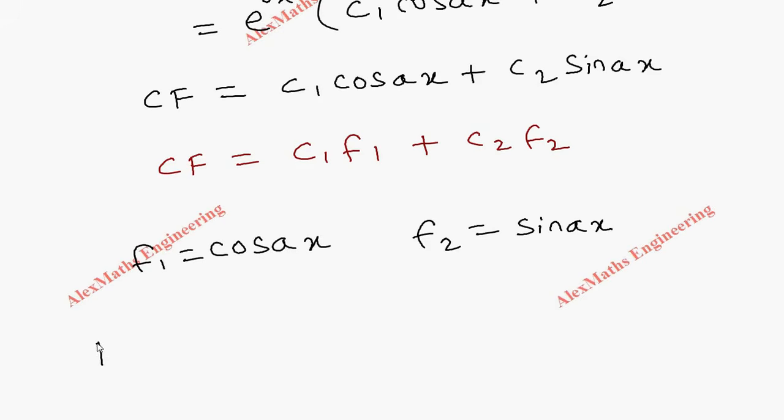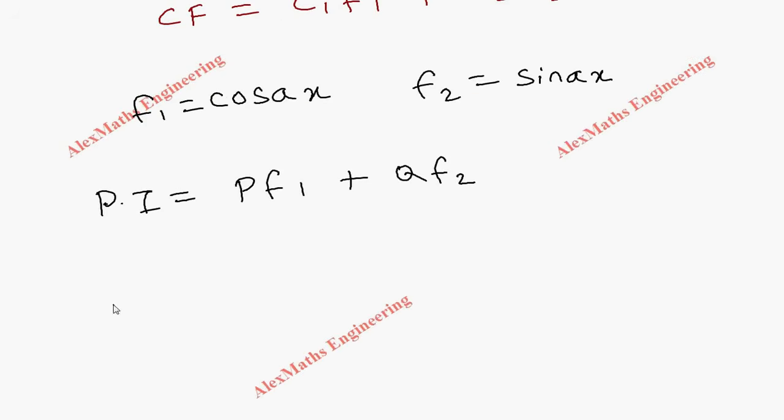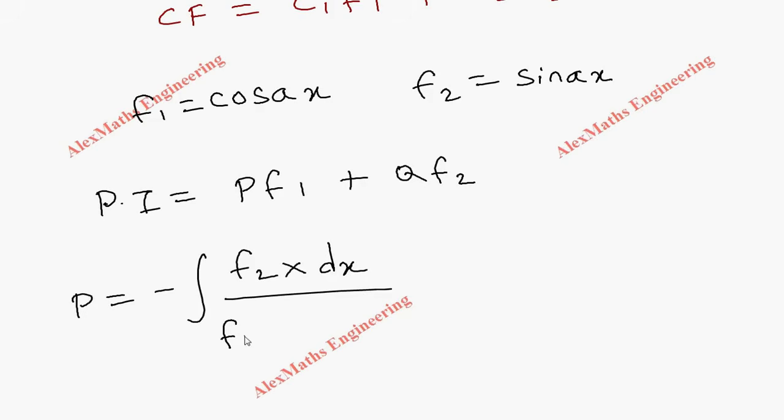So coming to the particular integral, the general formula is p f1 plus q f2. We have to find p and q using the expression. The expression for p is minus integral f2 into x into dx by f1 f2 dash minus f1 dash f2.